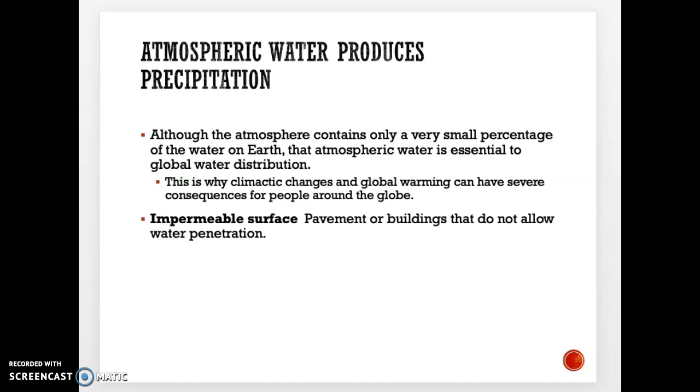Rainfall and precipitation naturally vary per region, and when there are alterations in that, we could see really big consequences for the living things in those areas. I mean human populations and any living population, whether it's plant, animal, or human. It could have severe consequences around the globe.